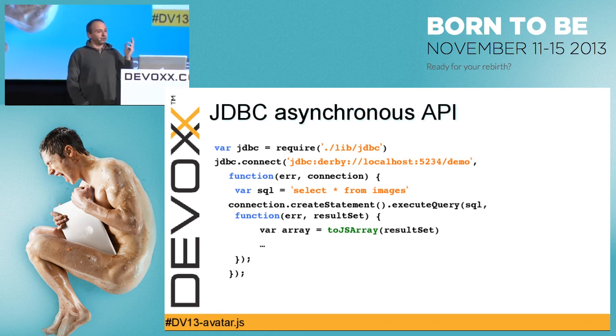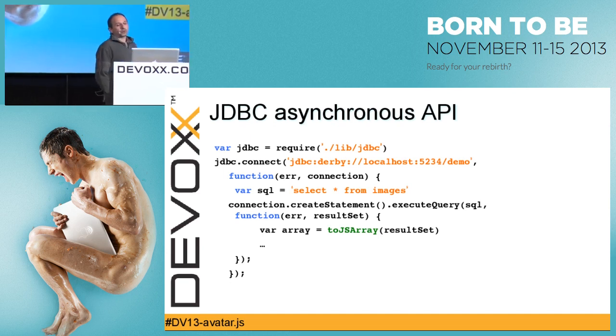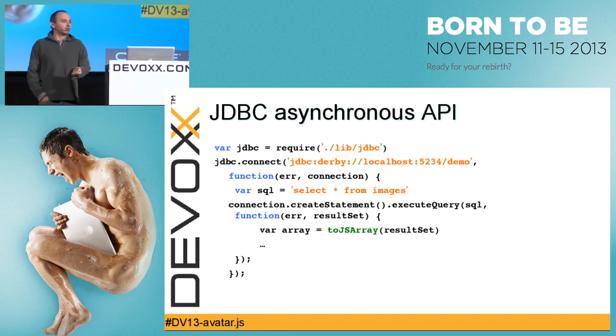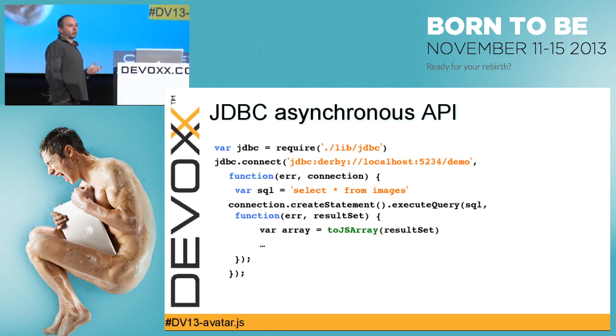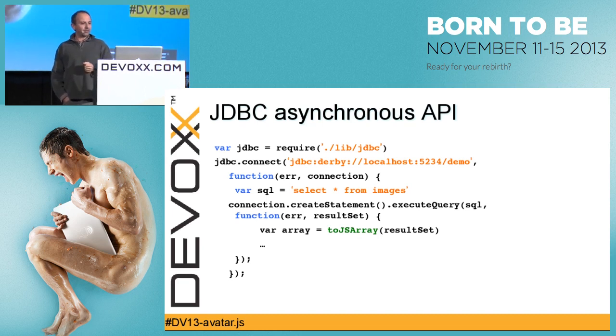A method connect, asynchronous one. You provide the URL to the database and a function that will be called once the connection is established. If you look at the parameters of this function, you will see a connection parameter that is injected once the connection is established. In this example, I am querying all images from the database.